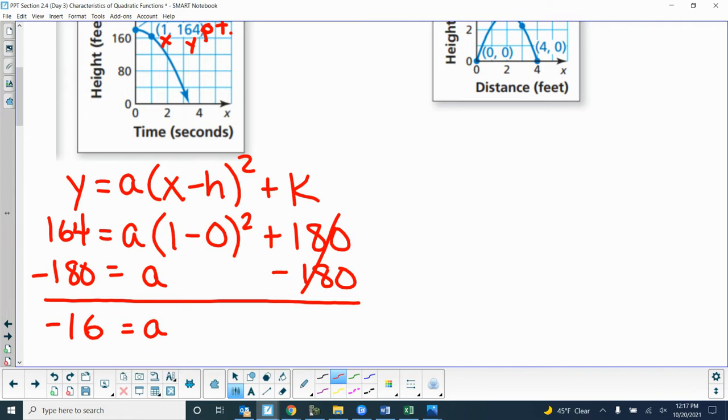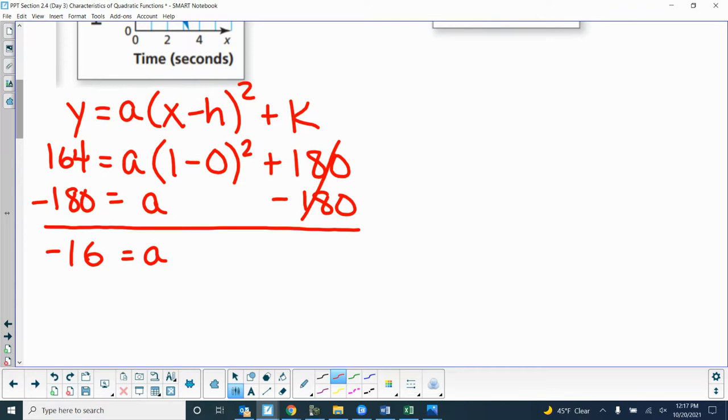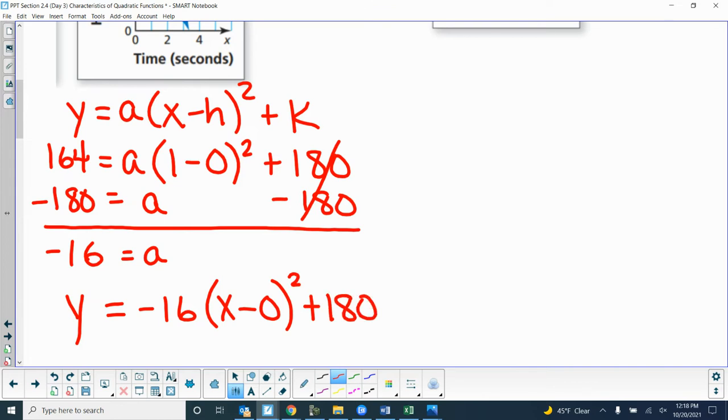So then my equation, and that's all I had to write was the equation, right? When you write the equation, you can leave the y and the x, so A, and then x minus 0 squared plus 180. If you just put x squared because you knew x minus 0 was x, that's okay. That's probably how you would see the answer in the book. They would write negative 16x squared plus 180. Okay?